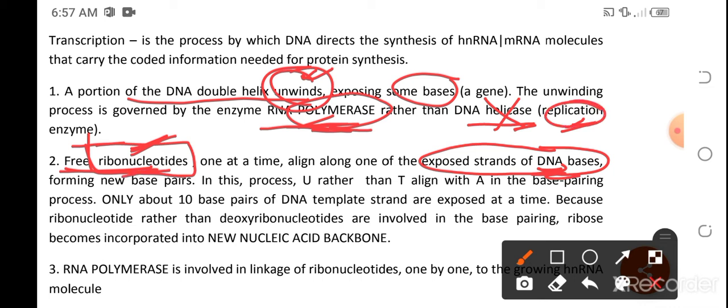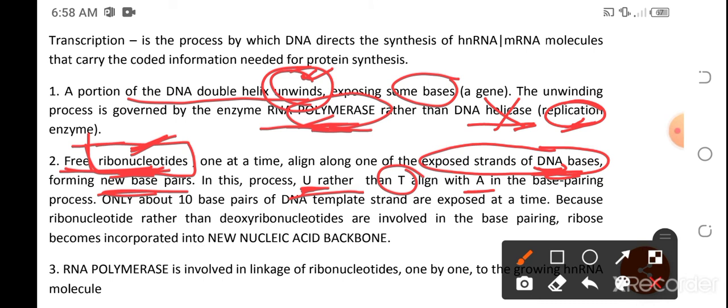But during transcription, a ribonucleotides will base pair with the exposed DNA bases that will form new base pairs. Okay, so ito yung sinasabi ko. Uracil rather than thymine will base pair with the adenine.